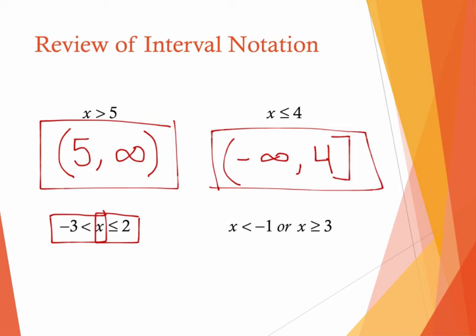So that means x is in between these two numbers. Negative 3 is going to be the smallest number in my set, and 2 is going to be the largest number in my set. Since negative 3 is not included, it gets a rounded bracket. 2 is included, so it gets a square bracket.